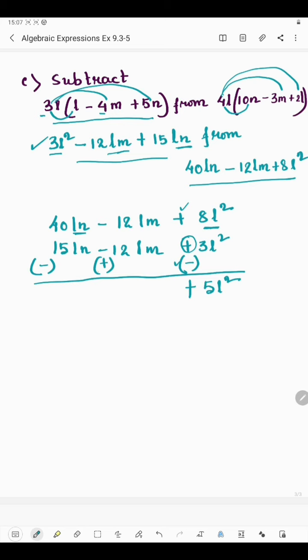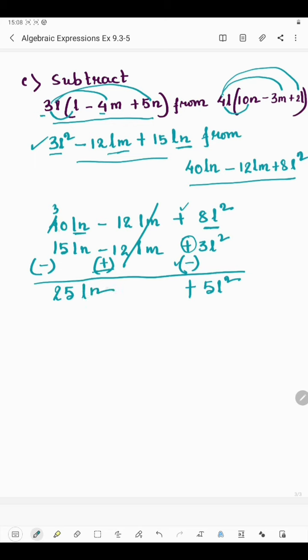Now here again we have plus sign and minus sign. So 12 minus 12 will be 0. So it will be cancelled. Now coming to the next term, here we have 40 minus 15. So if you subtract 15 from 40, you will get 25 ln.